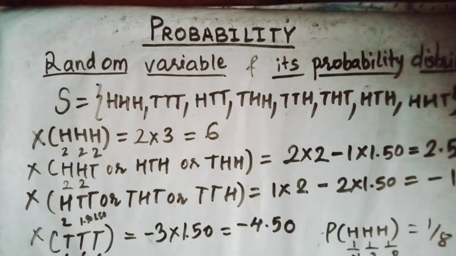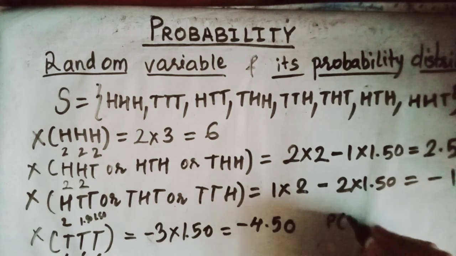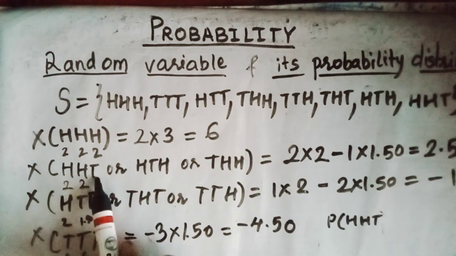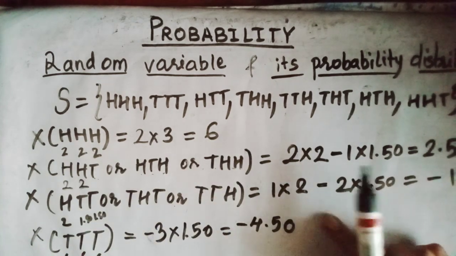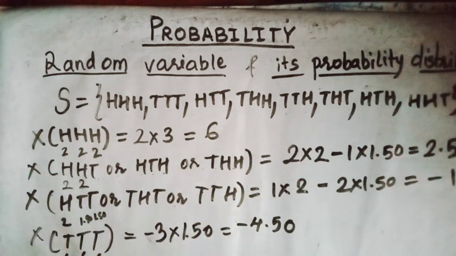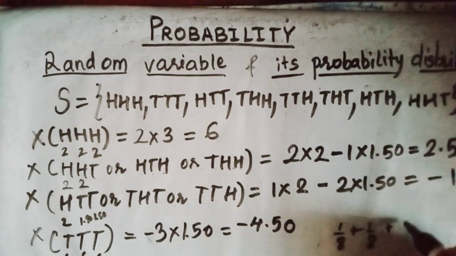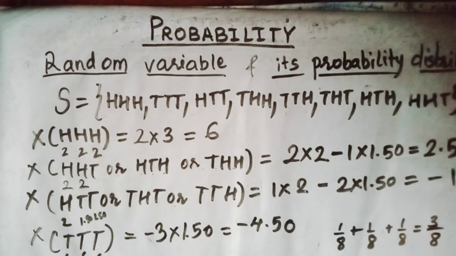Similarly for HHT or HTH or THH, there is an 'or', so you have to add. So this is 1/8 plus 1/8 plus 1/8, which comes to 3/8. So that will be the probability distribution.